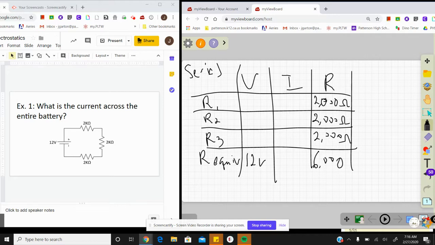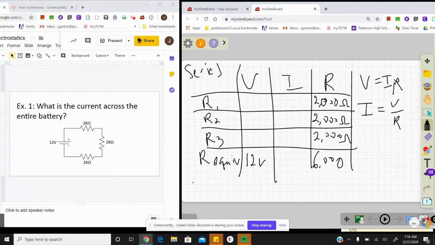Okay. Don't know anything about the currents. I only have one voltage. But I see that in this total column, I have my voltage and I have my resistor here. So going side to side, I can use Ohm's law, V equals I times R, to get that current. So current is also going to be found by voltage over resistance.